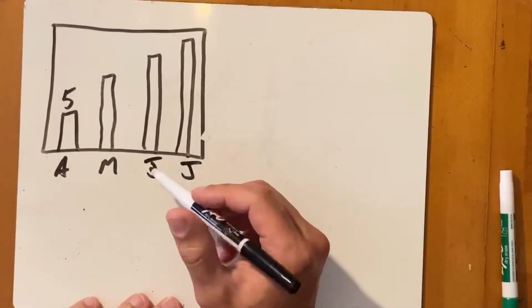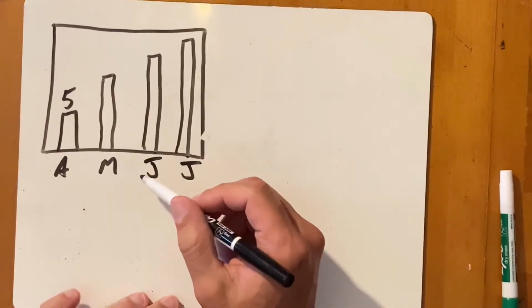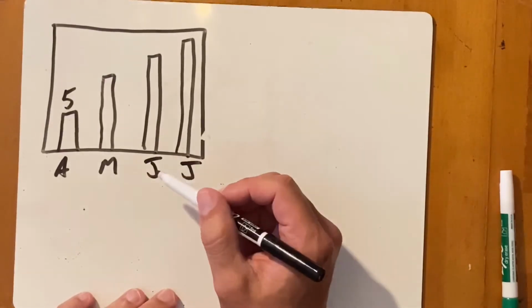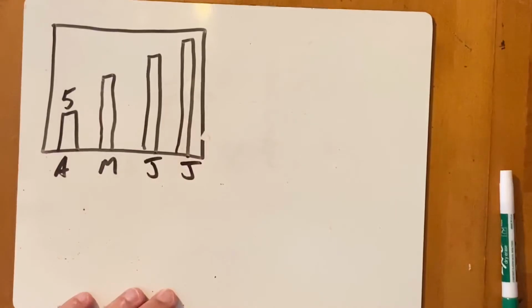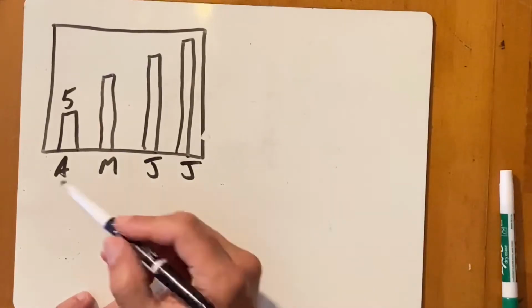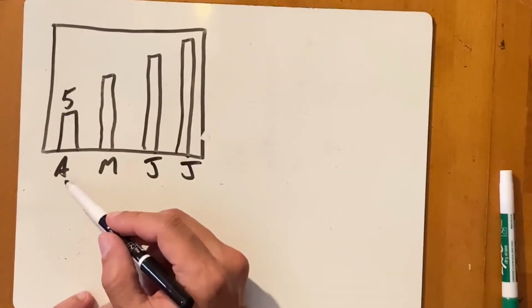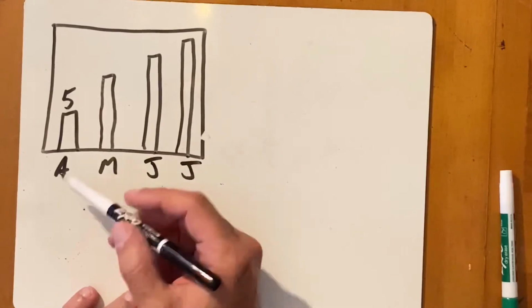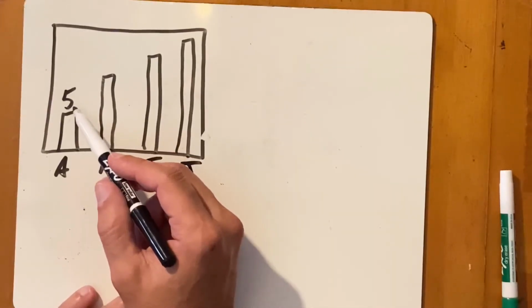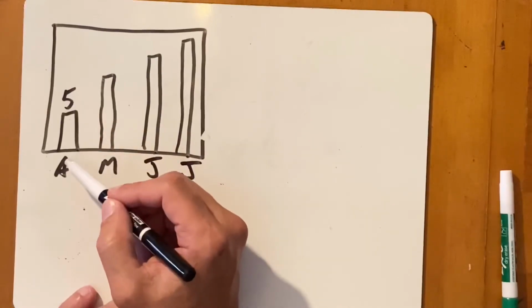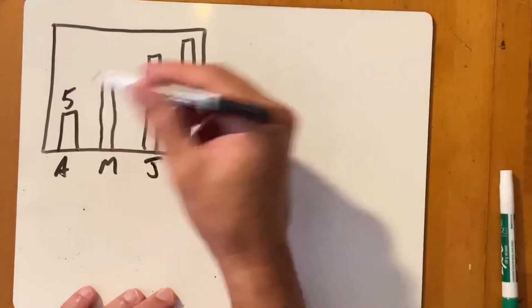Number 4 is pretty straightforward. They give you a table showing how many days the temperature was above 90 degrees during specific months. The question asks, on any given day in April, what's the probability of having a temperature over 90 degrees? According to the table, there were 5 days over 90 degrees in April. That's our frequency.